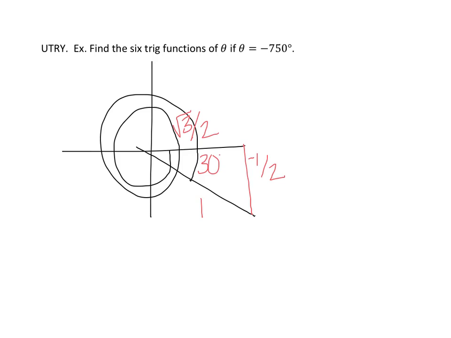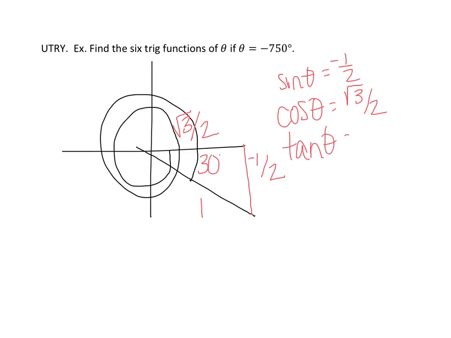So now we start. Sine would be negative 1/2. Cosine, radical 3 over 2. Tangent, opposite over adjacent, negative 1/2 over radical 3 over 2.